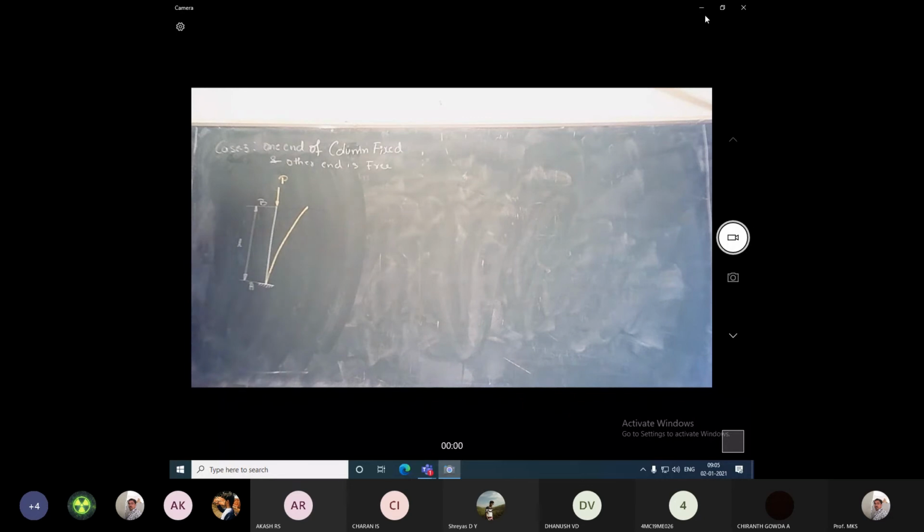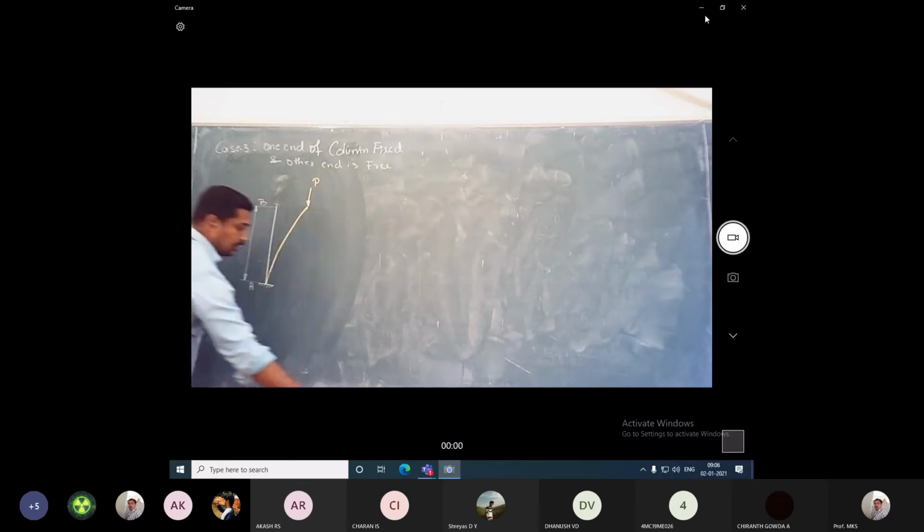As the load is acting, the same load will be acting at the end of the column. So this load will be placed here. When the load is applied, the column is deflected.